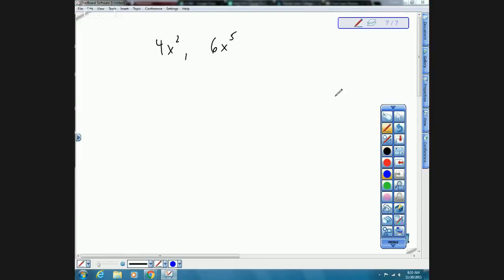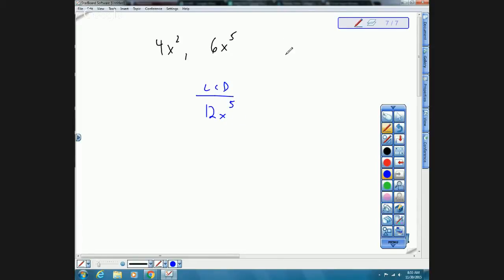All right, so what's the LCD on my numbers? 12. The LCD on my number is 12. And then you're actually just going to take the biggest exponent. You're actually just going to take the biggest exponent as x to the 5th.